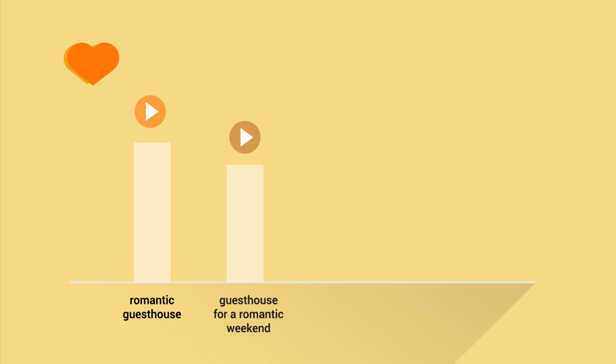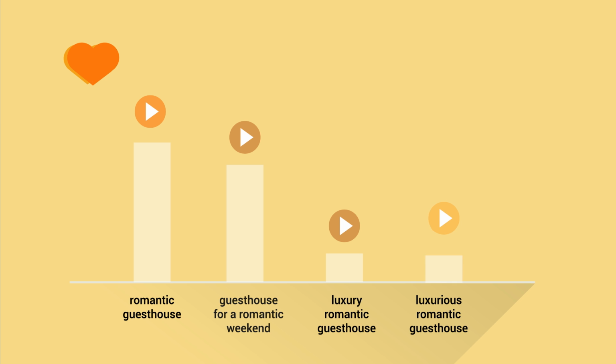But when people search for keywords like luxury romantic guest house or luxurious romantic guest house, the conversion rate drops to only 1%. So you've found something that you can improve, and there are lots of ways that you might choose to do this. To start, you might want to look at the relevant pages on your website and see if there are changes that you could make.